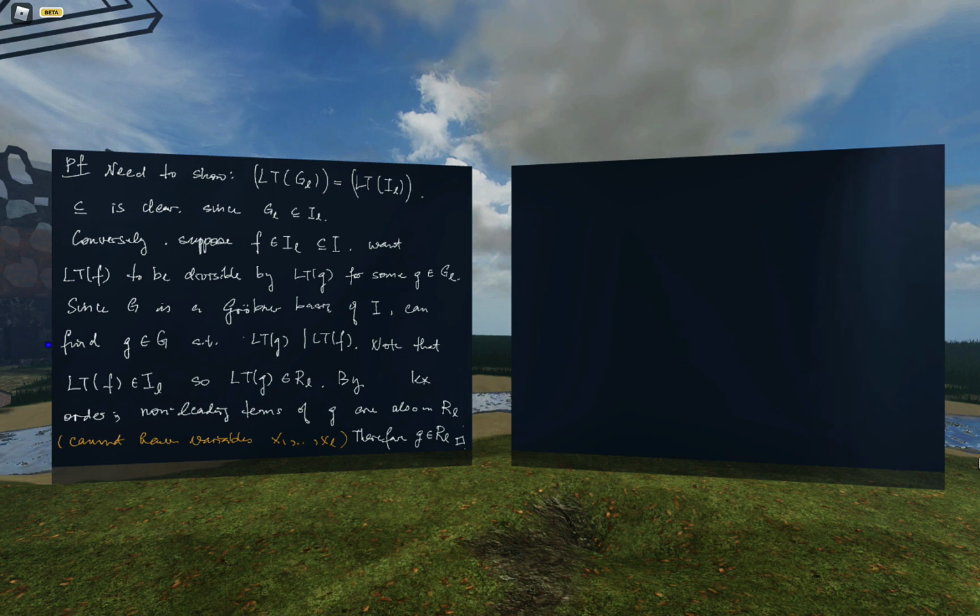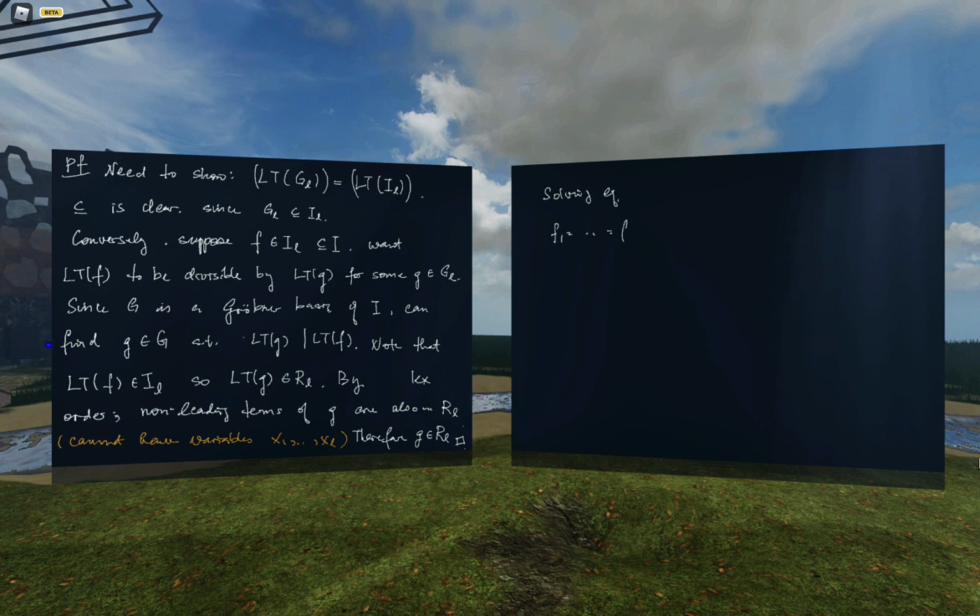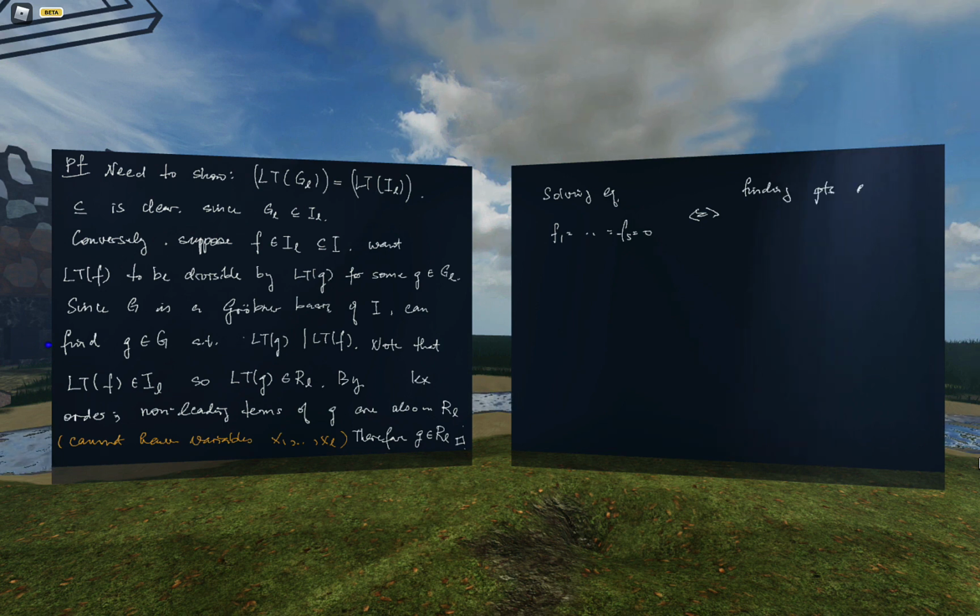So solving equations f1 = ... = fs = 0 is the same as finding points of V(I), where I is the ideal generated by f1 through fs.